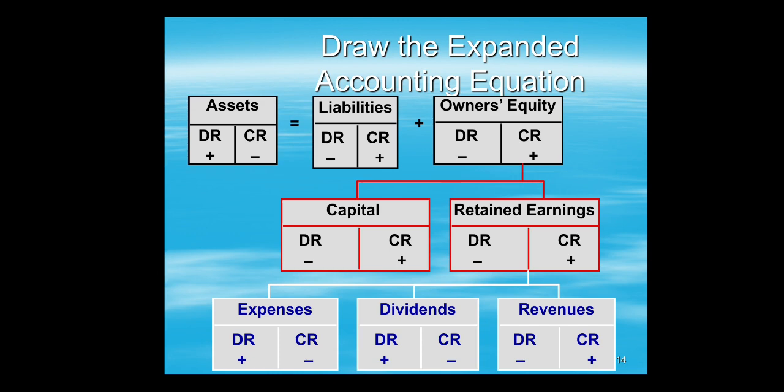Let's say there is a business, and one day the owner puts $200,000 cash in to start the business. That amount has to be recorded in an account called capital. So the capital account is related to the owner's equity of the business.